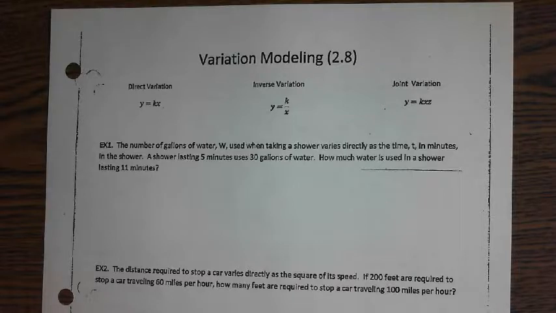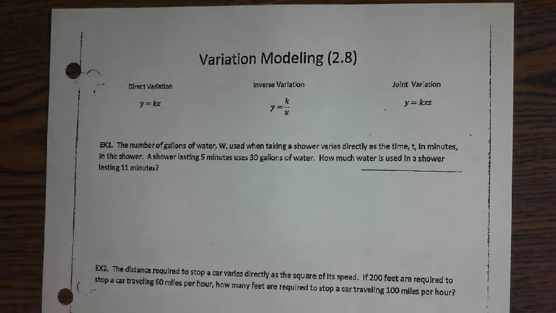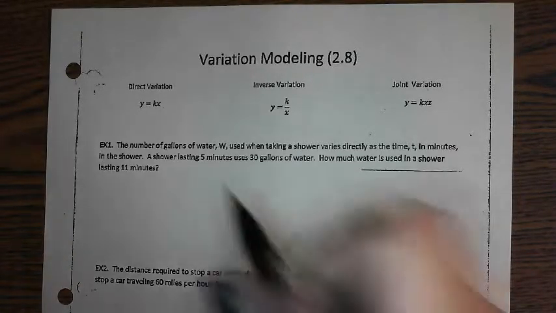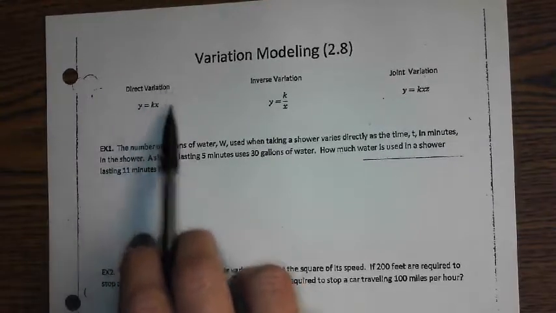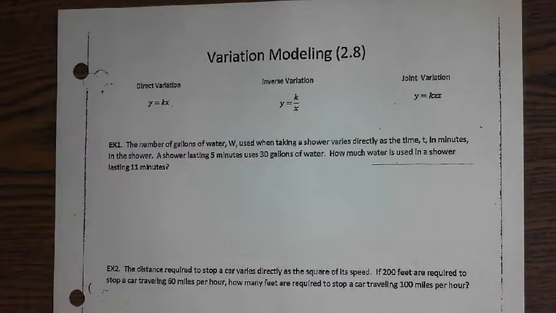No. Okay. So direct variation is when two variables vary from each other with some sort of linear relationship. So the format for that is y equals kx. Most specifically, though, it's when they vary in a linear fashion with the y-intercept of 0.